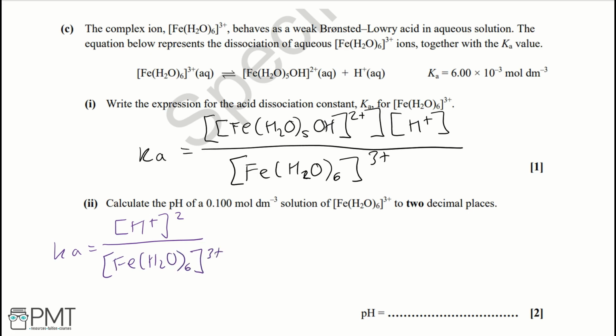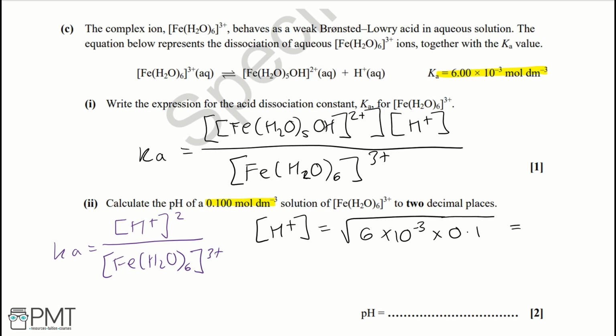So, when given the values in the question, we can rearrange to find the concentration of H+. The concentration of H+ would be the square root of 6 times 10 to the negative 3 multiplied by 0.1. That equals 0.0245 moles per decimeter cubed.